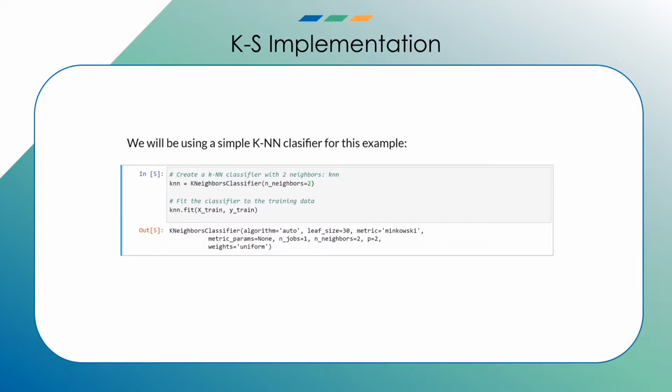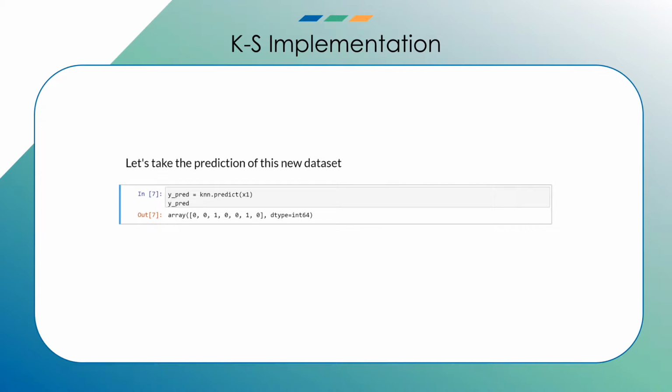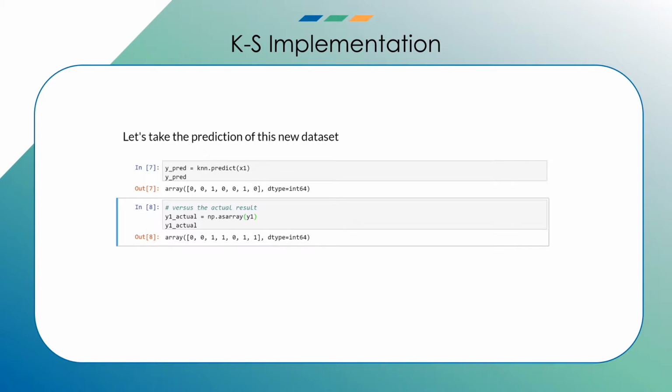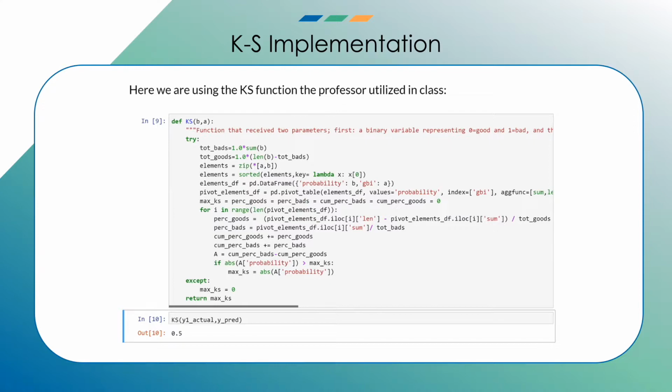We will be using a simple KNN classifier in this example. And we load a new dataset to test the classifier model, doing the same transformations. Here, we take the prediction of this new dataset. Here we are using the KS function, which our dear professor showed us in class.